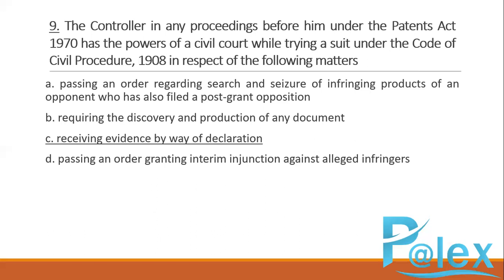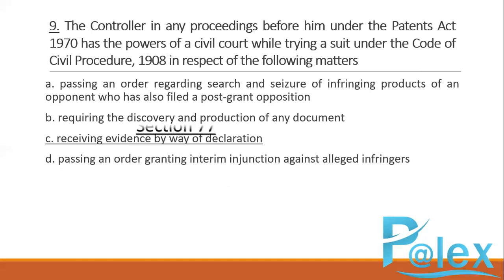Also, the controller cannot order the discovery and production of any specific document in front of the controller. But receiving evidence by way of declaration, what we also call, in many cases we submit affidavits as well. So that is something which is allowed. This is covered under section 77.